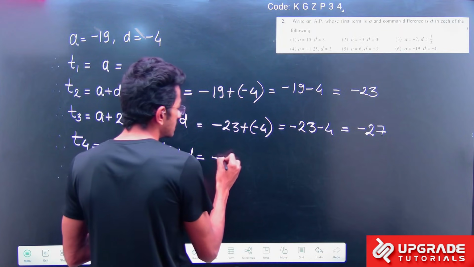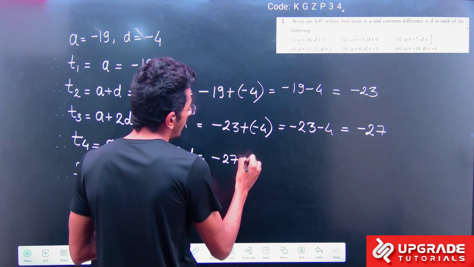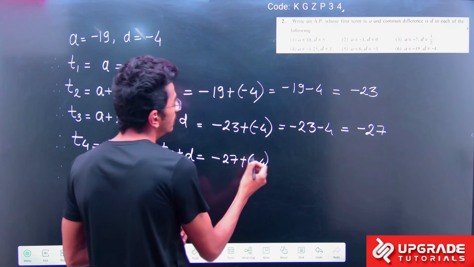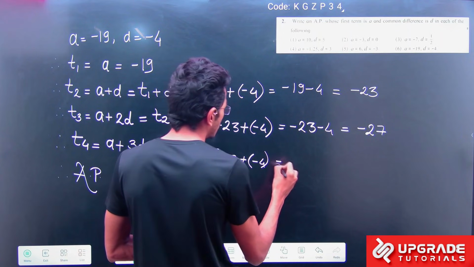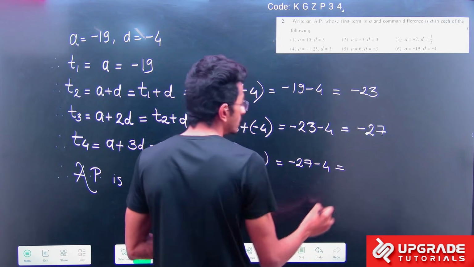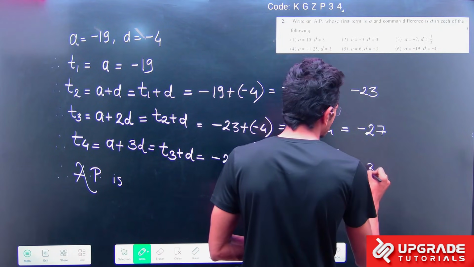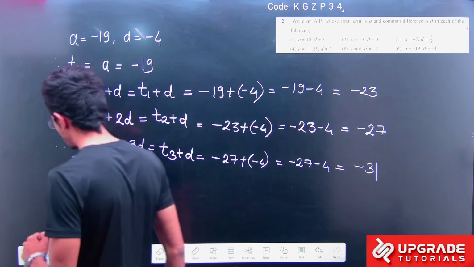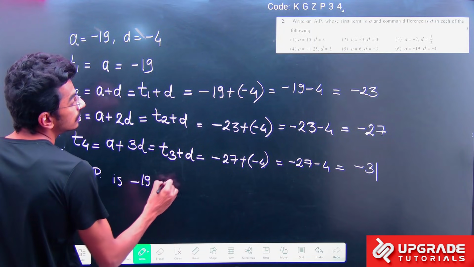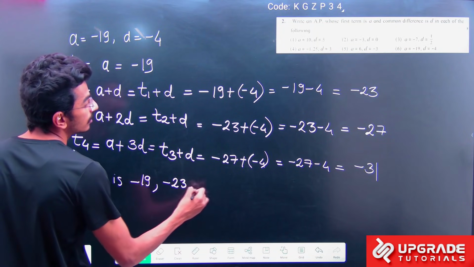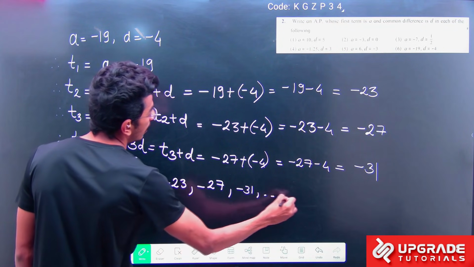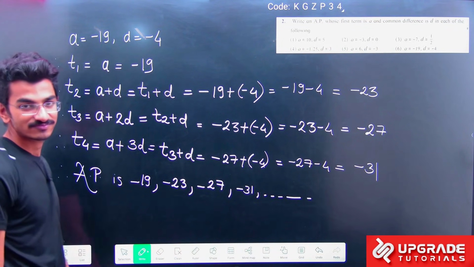Again, just take T3 and add D. Just take care of the sign here, minus it is, plus minus is minus, minus 27 minus 4 is minus 31. So AP is minus 19, minus 23, minus 27, minus 31 and so on.